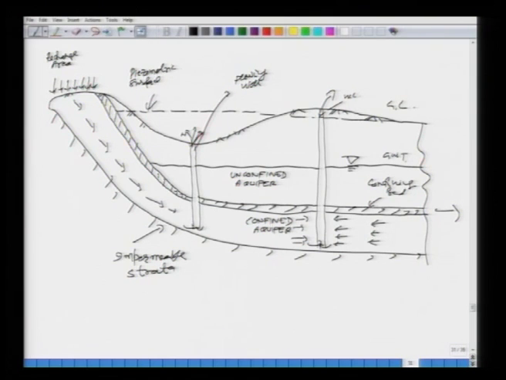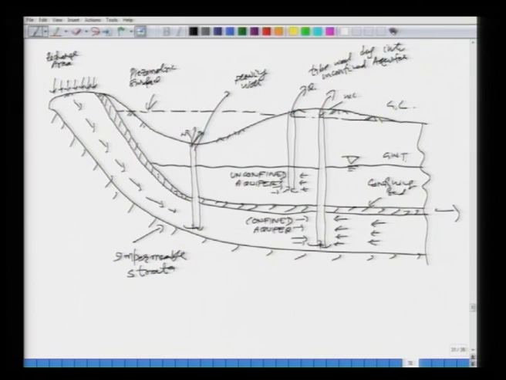We can also tap into the unconfined aquifer. So, this is a tube well dug into the unconfined aquifer. Water will travel into this.